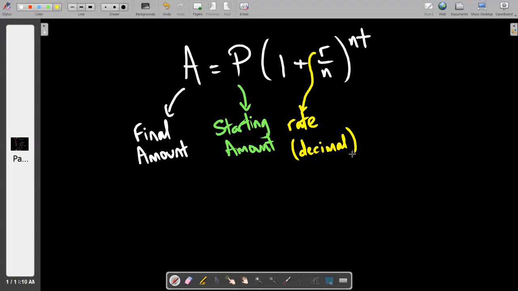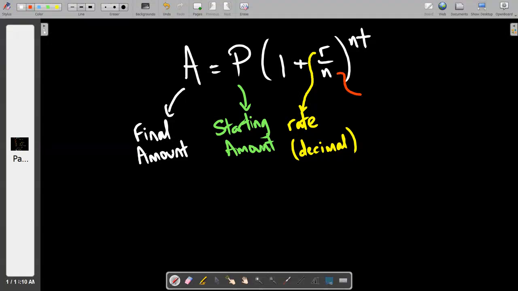If I put 6%, you'd be amazed how many 17-year-olds put 0.6. It's absolutely ridiculous. What is 6% as a decimal? 0.06, right? So make sure you take your rate and move the decimal 2 places to the left, always 2 places. There are no exceptions to that. 2 places to the left, and that's what will go in place of R.